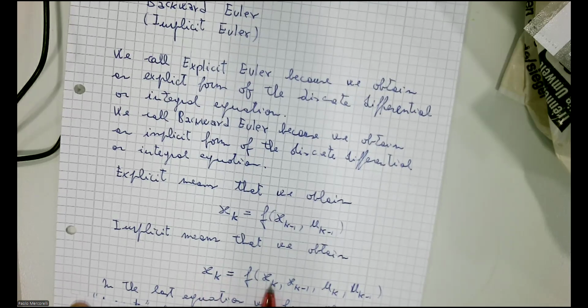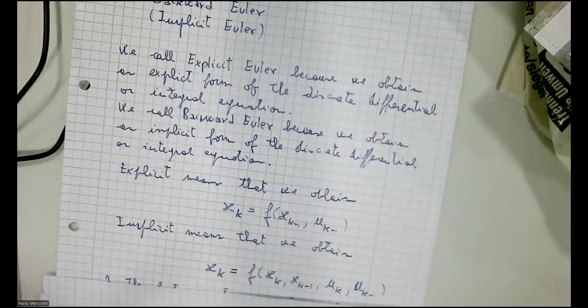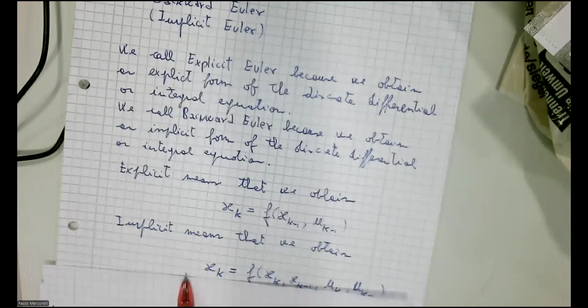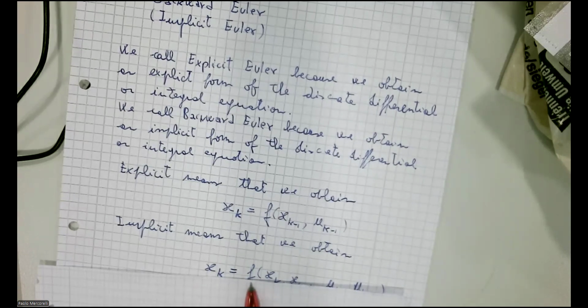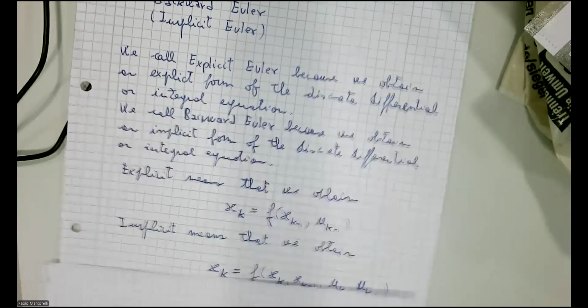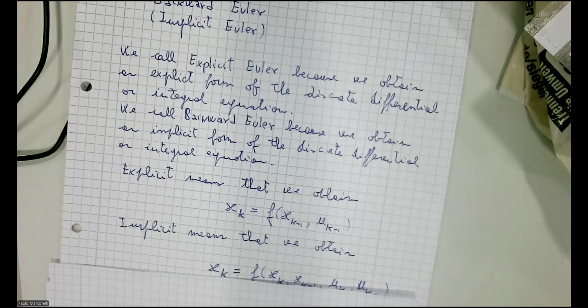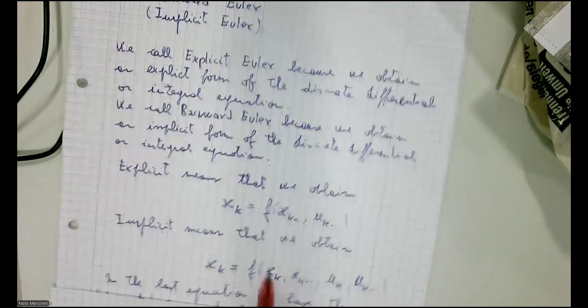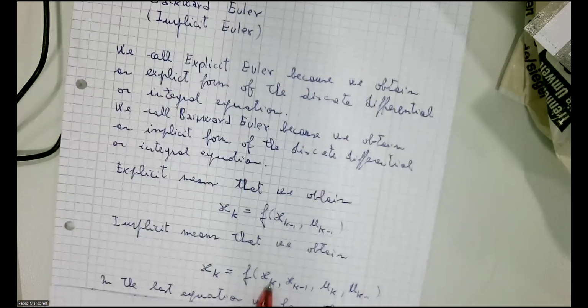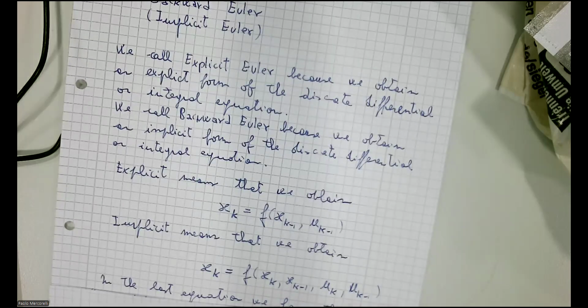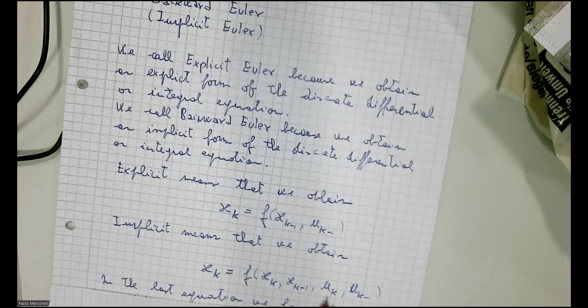Do you remember in high school? If I have to isolate x of k, I have to be able to put this x of k on the left part. Here it seems not necessarily always possible. It's a form of non-causality, because what happens today depends on what happens today and the rest. For u of k it is not a problem, because u of k is the input. The problem is for x of k. This I have.